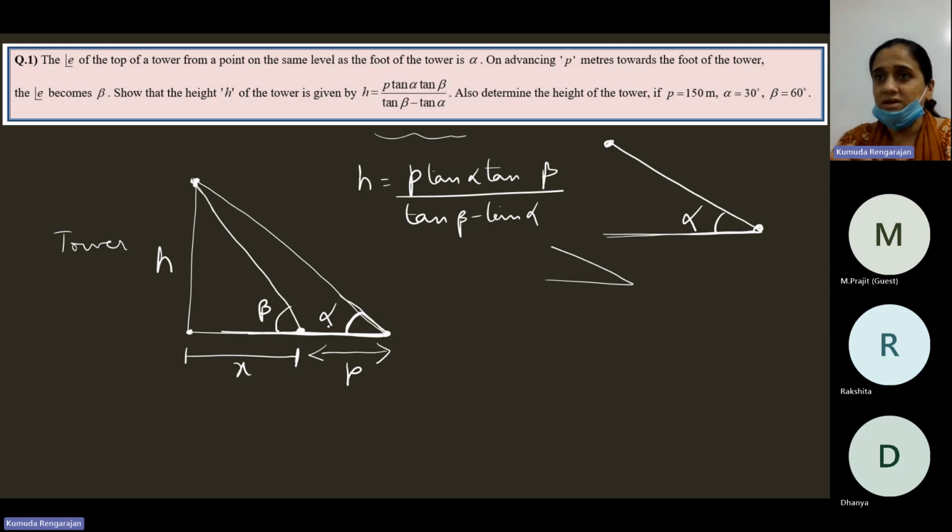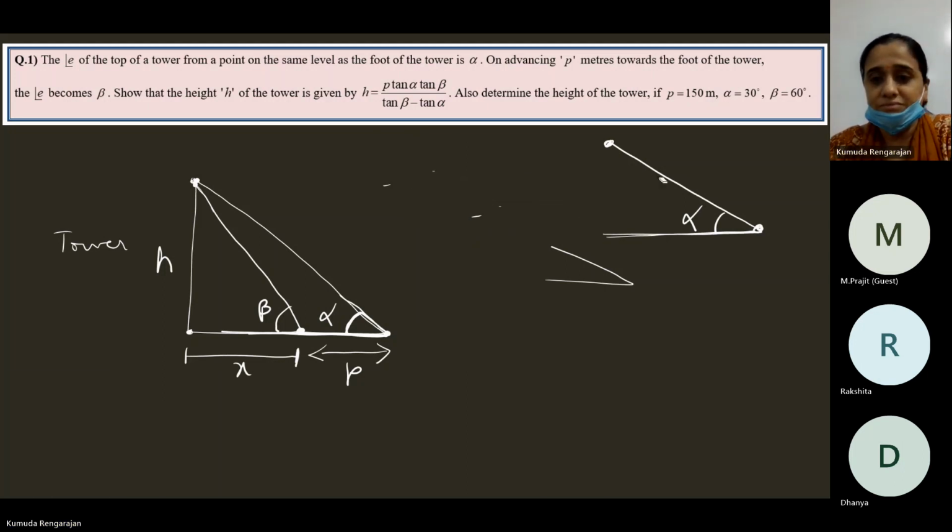Only tan is used. Not sine, cos, cosecant, secant, or cot. So we'll have to consider the right triangles, find tan alpha and tan beta, and show that the height is given by this expression.